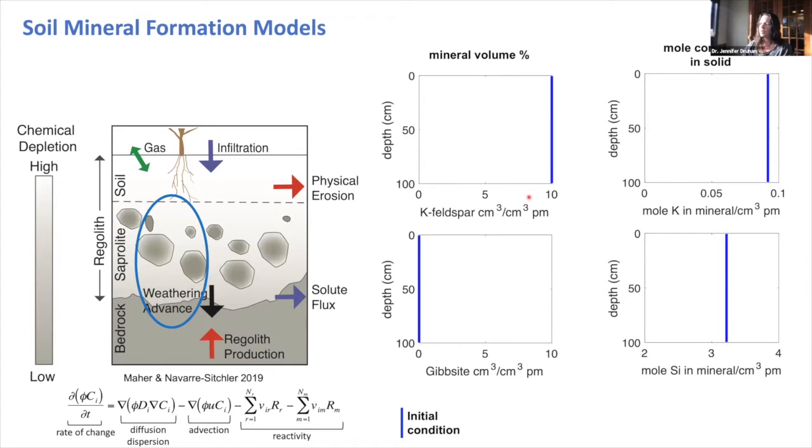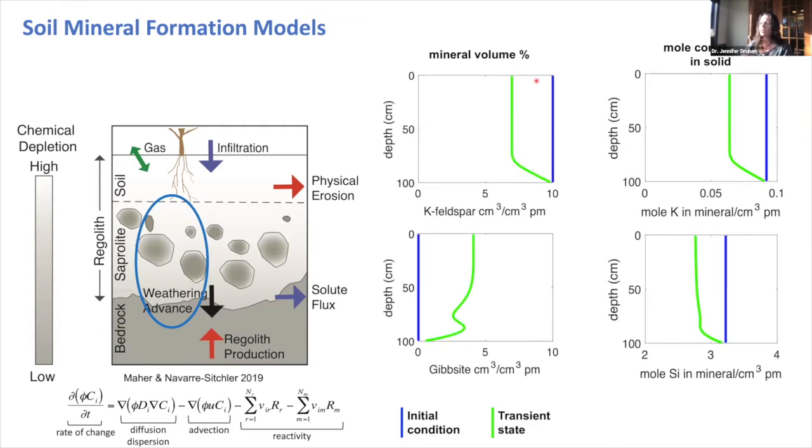And at the same time, I'm also going to be slowly supplying more fresh weatherable bedrock at the base of the domain, moving up, and eroding a small amount of this weathered material off the top.